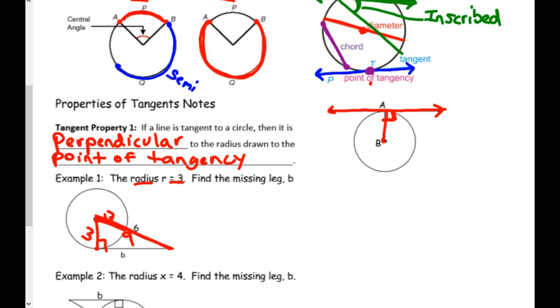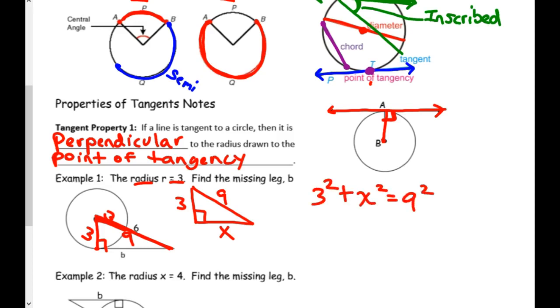So I'm going to have to find that missing leg using our favorite thing, which is Pythagorean Theorem, right? So, if I were to redraw it over here, just to make it look nice, I got 3, I got 9, I got X, right? So, let's do Pythagorean Theorem. 3 squared plus X squared equals 9 squared. Does everyone agree 3 and X are the legs? Since those are the legs, those are on the left side of the equation.